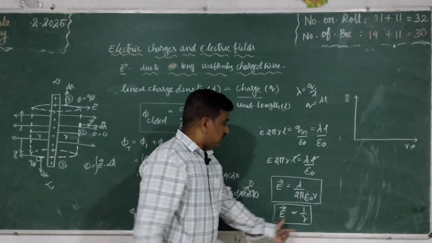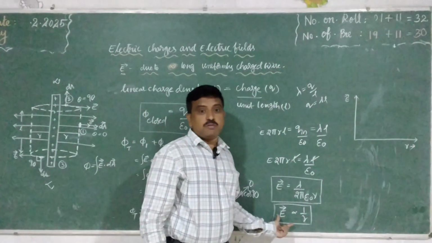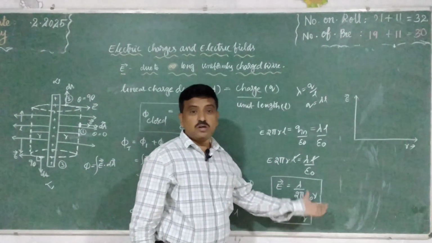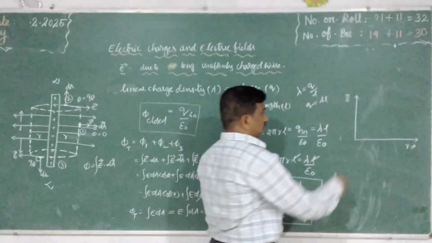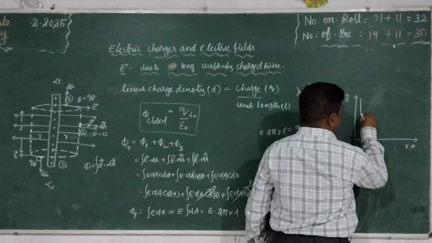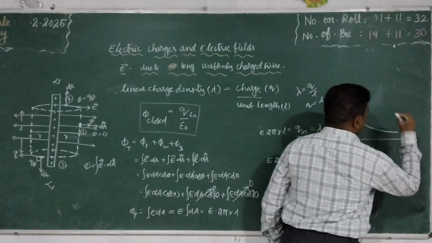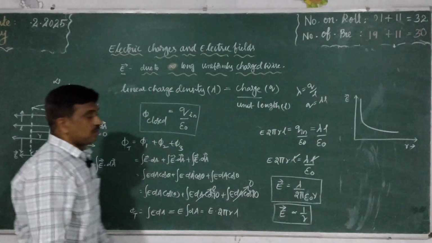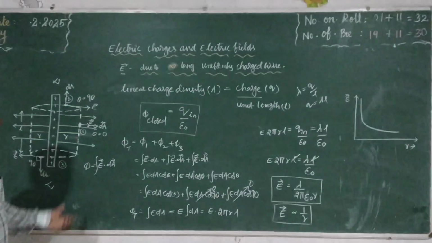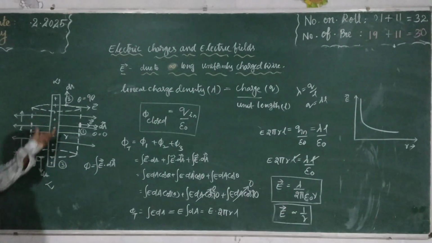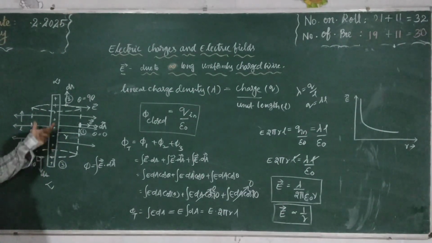When distance is less, the electric field is maximum; when distance is more, the electric field is minimum. So this is the graph between electric field and distance from the infinitely long uniformly charged wire.